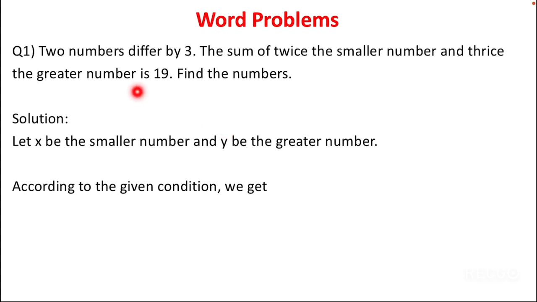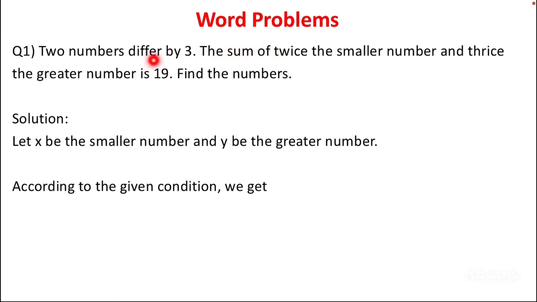Our first condition says that the two numbers differ by 3. Now you have to remember that in word problems they will never tell you directly whether the two variables are separated by addition or by subtraction. Instead they will give you terms like differ and sum.